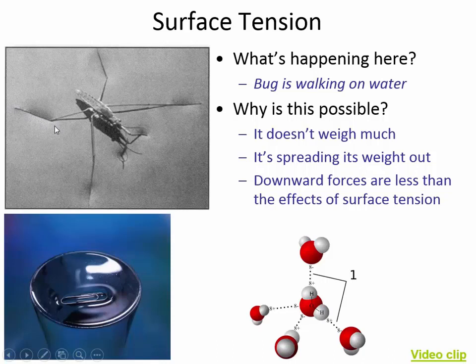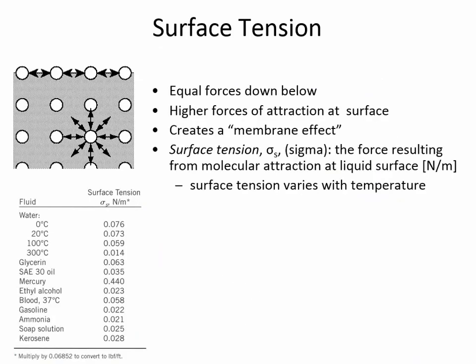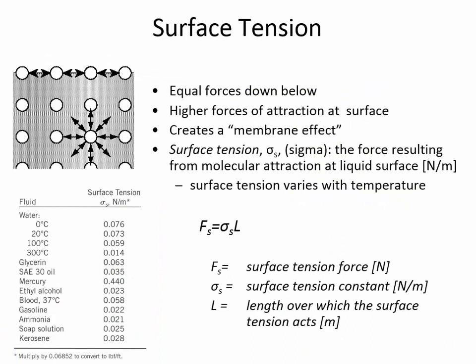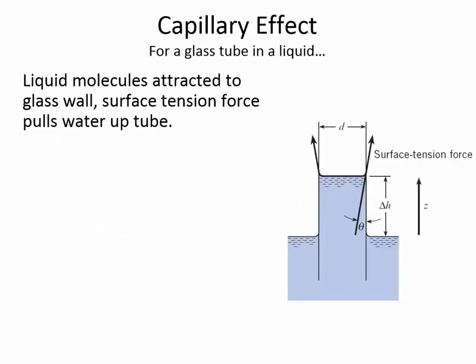It's actually 2 because both sides of the leg contribute to the length. In other words, if we have a cross section of the bug's leg and the water that's being distorted by the leg's pressure on it, it's bending the water on both sides of the leg, and so the physical length is one thing, but the length that we use for calculations is double that in the case of the bug walking on water.